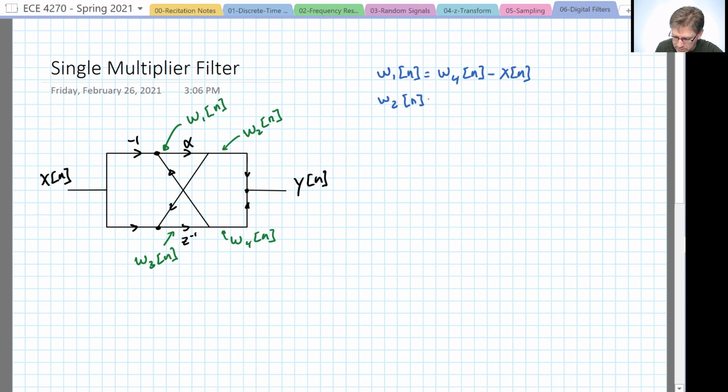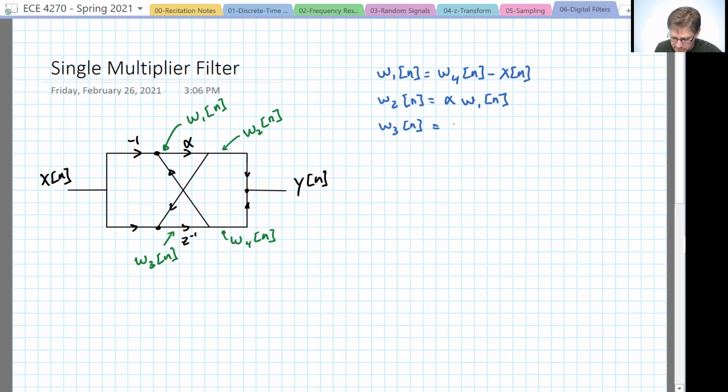W2 of n is just equal to alpha times W1. We probably could have skipped having the W2, but when we initially start putting values in, it's easier to be inclusive and eliminate things with careful algebra than to eyeball it.